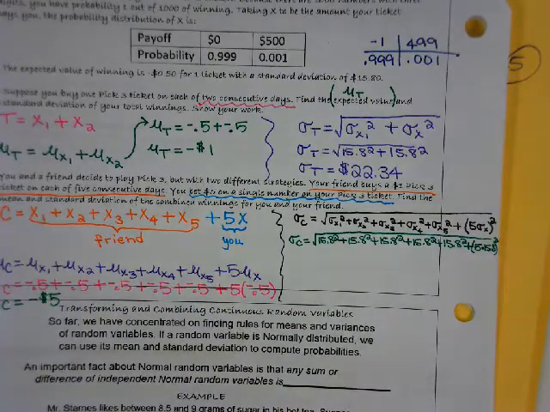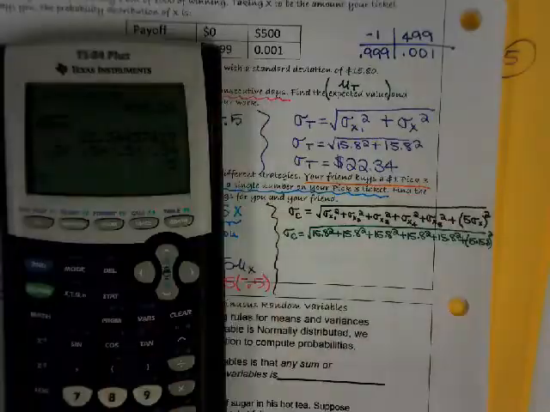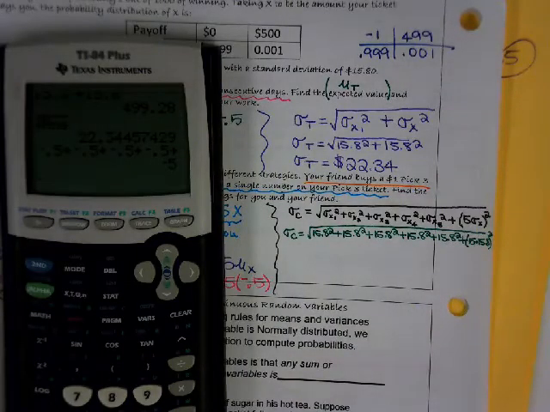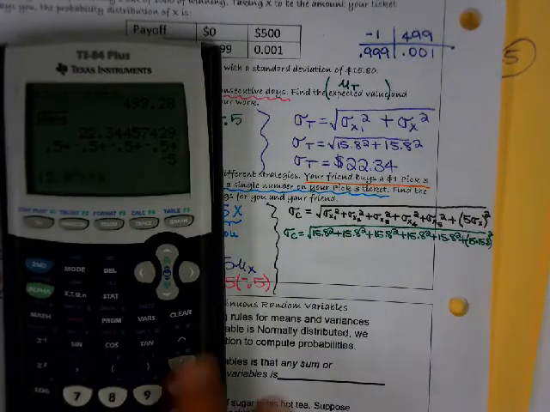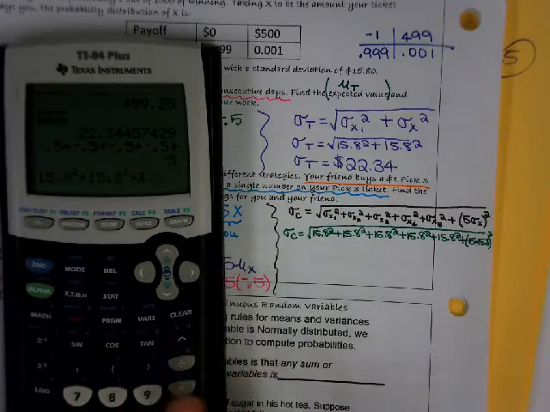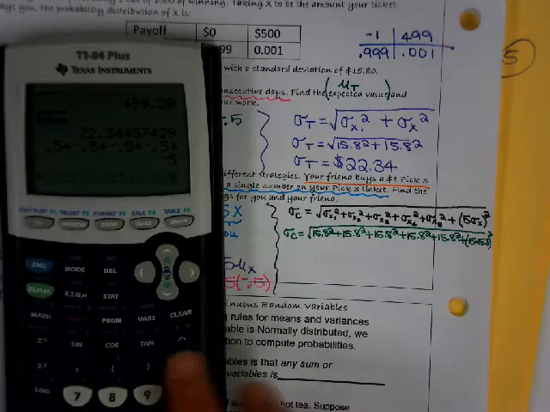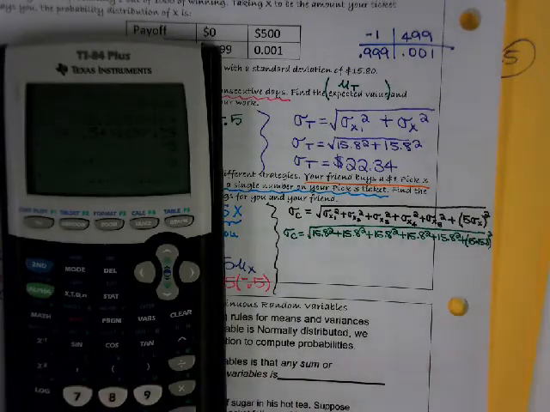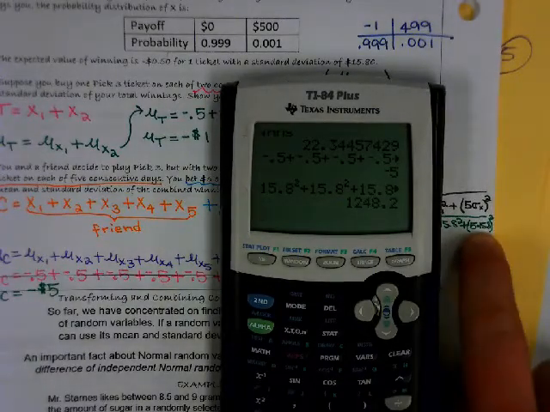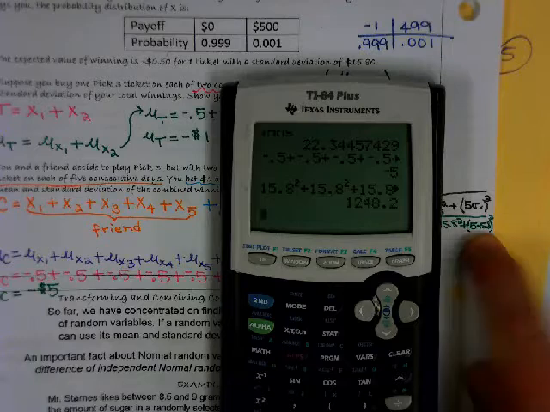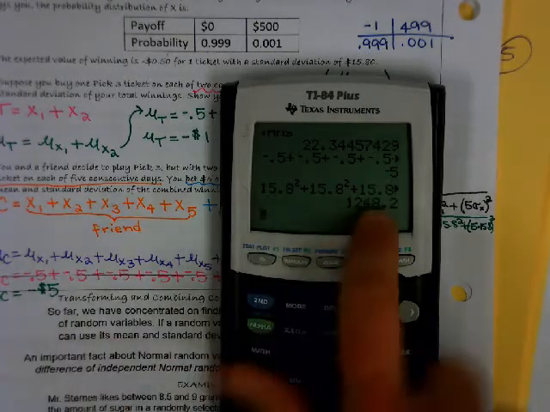And then you are going to be 5 times 15.8 and then squared. So your friend, 15.8 squared plus 15.8 squared 5 times. I'm sorry, wait, what does the last one say? 5 times 15.8 in parentheses and then it being squared. So your friend, when you add the variances 5 times, is 1248.2.